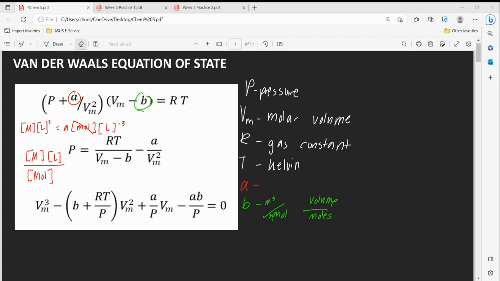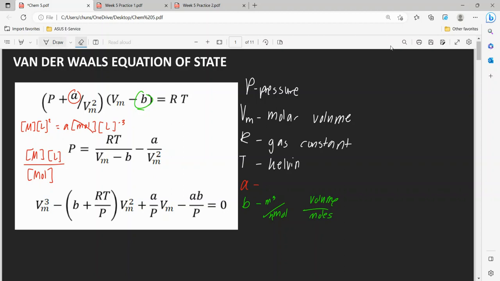hold on. This is to the power of 5. And we know that our M times 2 of our L's, so we can split that up, is pressure. So that gives us, and that leaves 2 left.